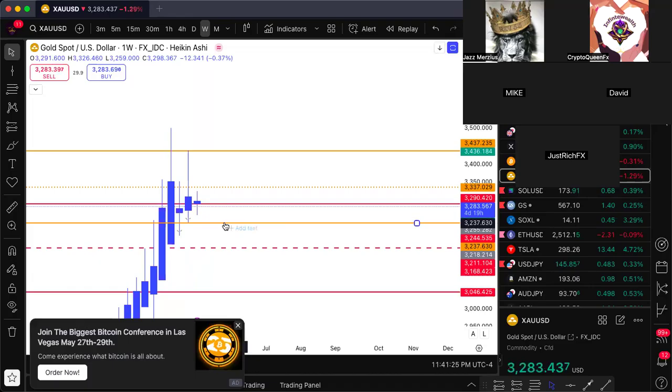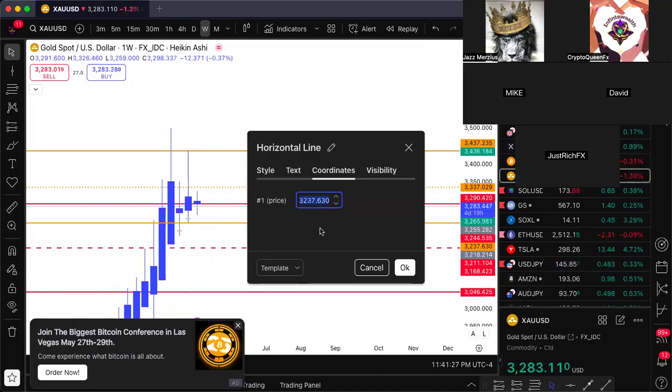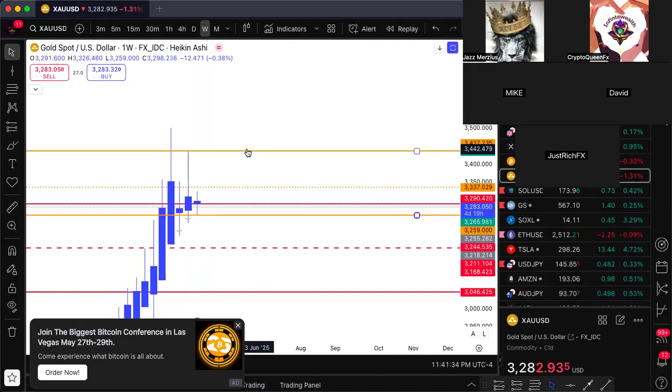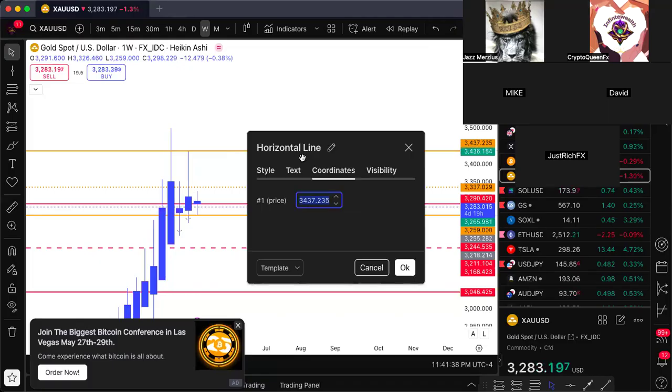The weekly low for gold is 32.59, and the weekly high for gold is 33.26.460.